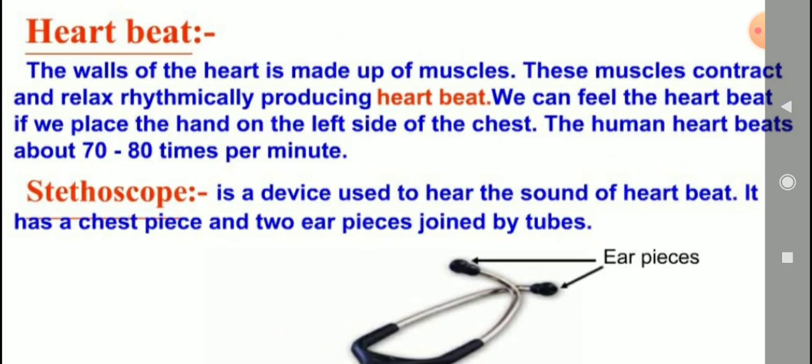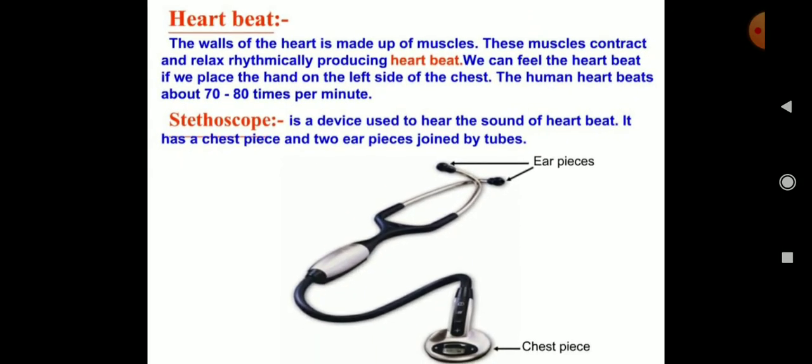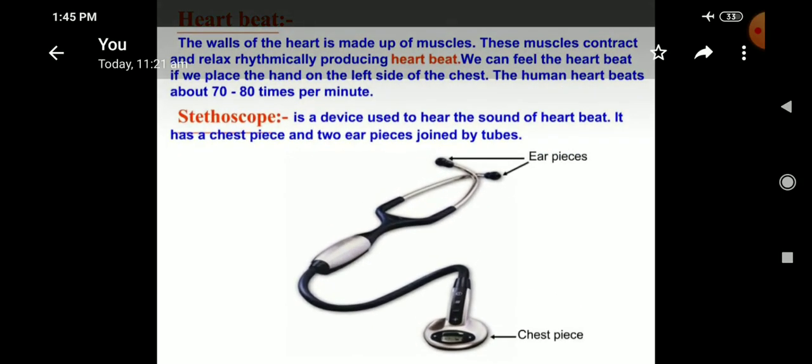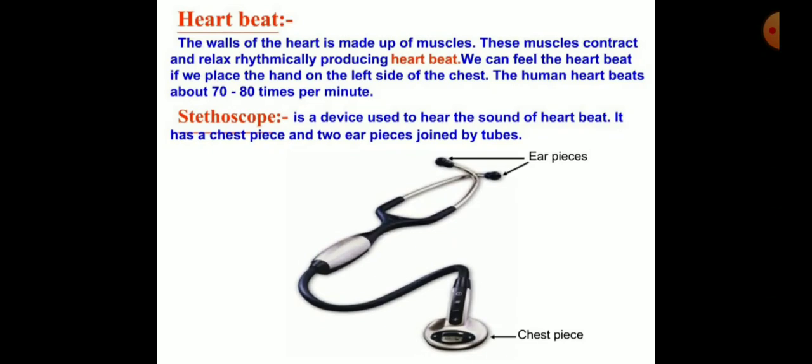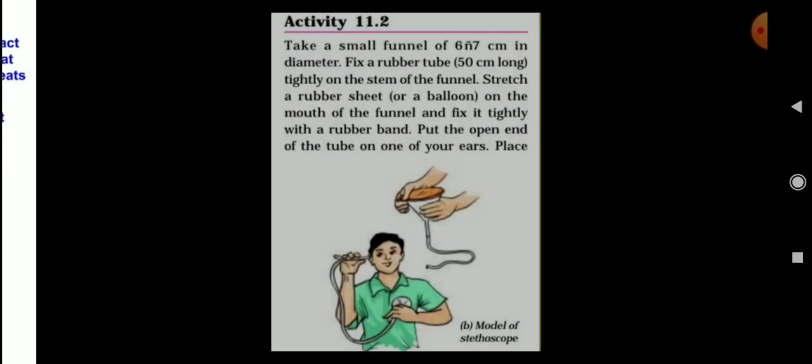What is a stethoscope? It is a device used to hear the sound of the heartbeat. It has a chest piece and two earpieces joined by tubes. This one is an earpiece, and this one is a chest piece. That is a stethoscope.